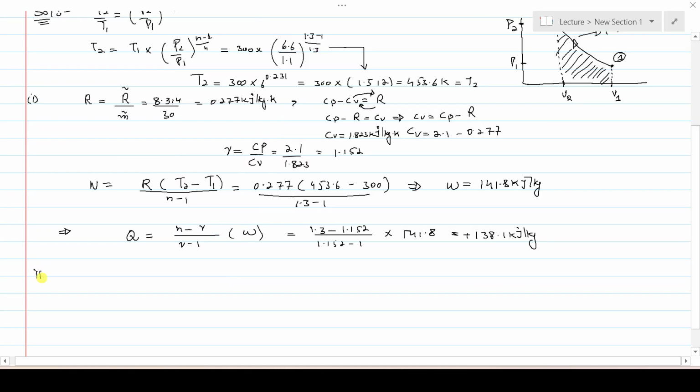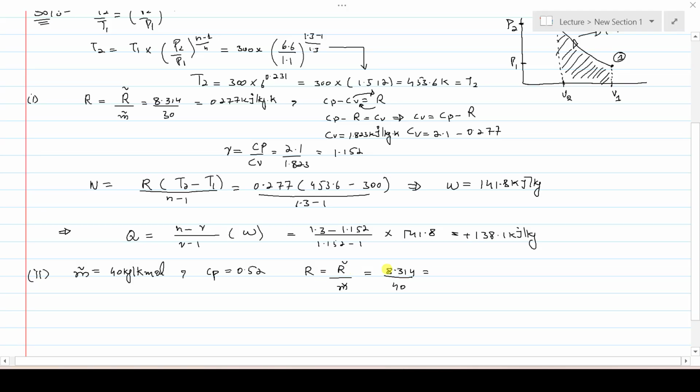Now come toward the second condition, when the gas is argon and its molar mass is 40 kg and the Cp value is 0.52. The gas constant will be equal to the universal gas constant divided by the molar mass.